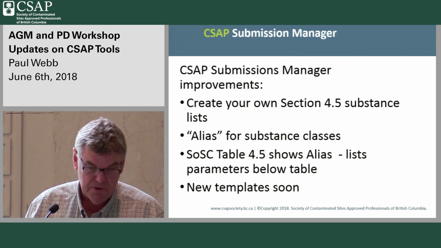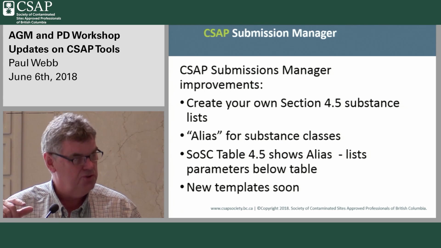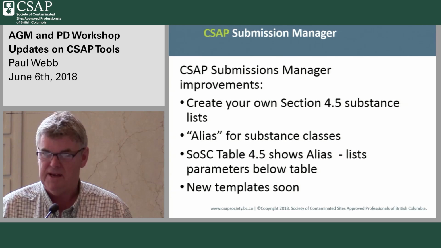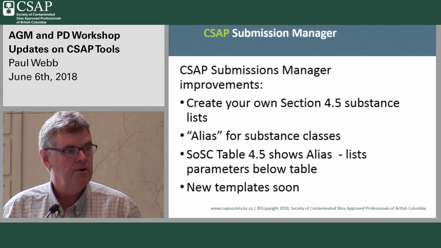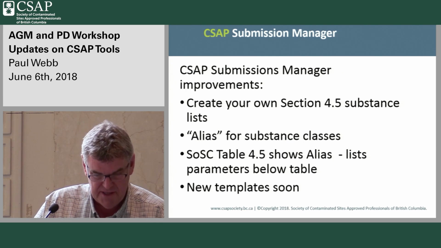You can change that afterwards, but you can create these custom lists so that you're not having to choose every time you're going to make a submission. You have to do a bit more work the first time to create these lists. Once they're done, it will be very easy.